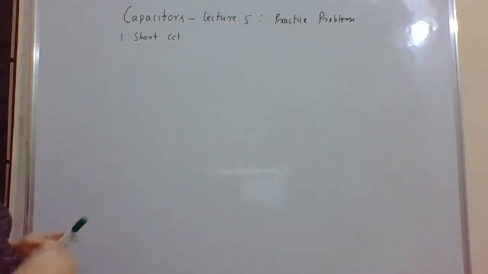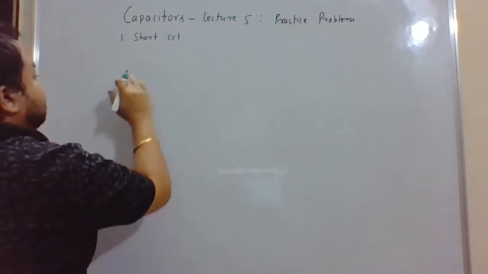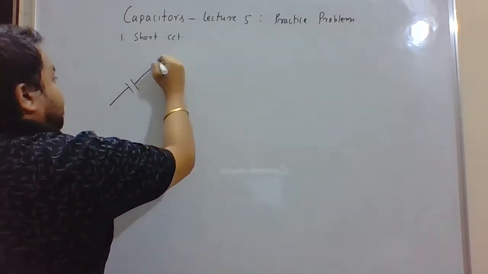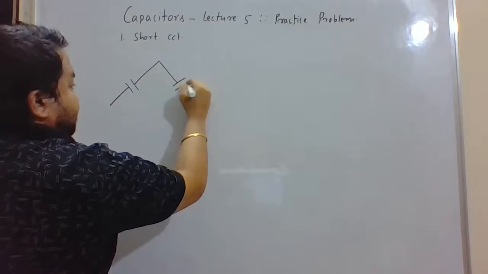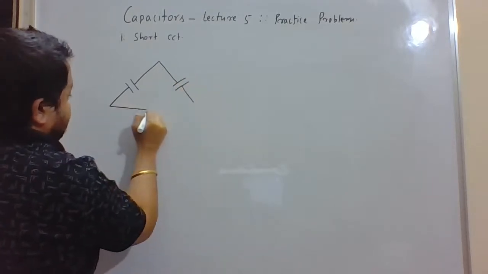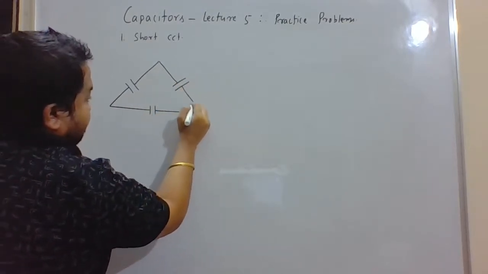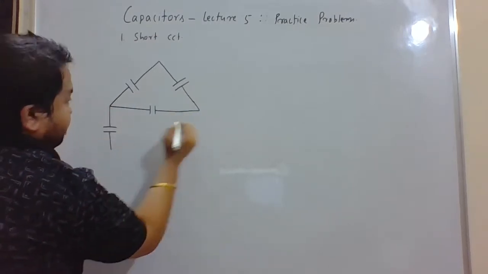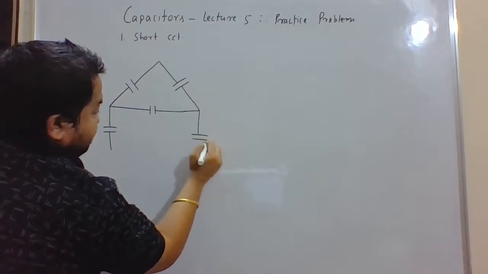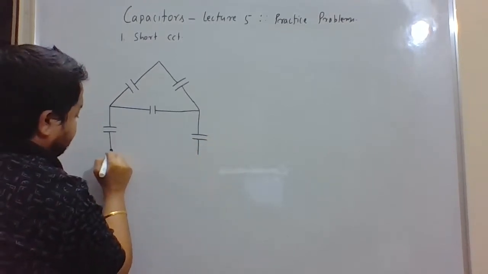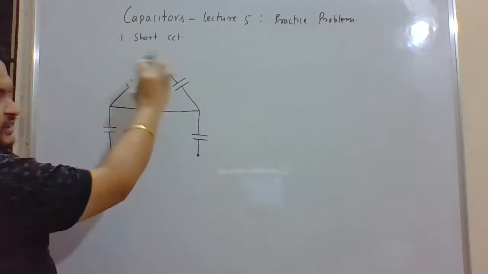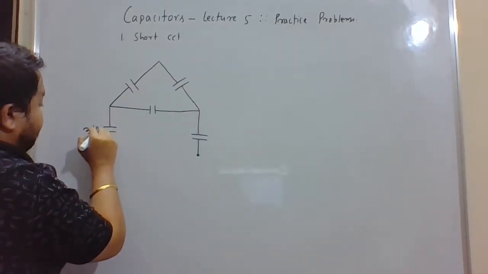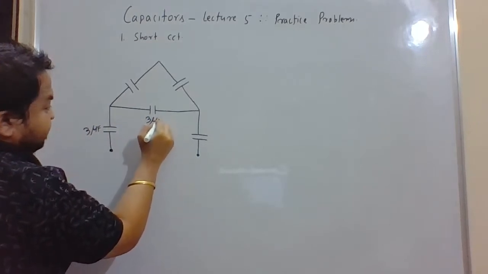Say this is my given circuit: I have a capacitor here, there's a capacitor here, a capacitor here, a capacitor here, and a capacitor here. We have seen this geometry in our previous lecture also, where all the capacitors were 3 microfarad each.